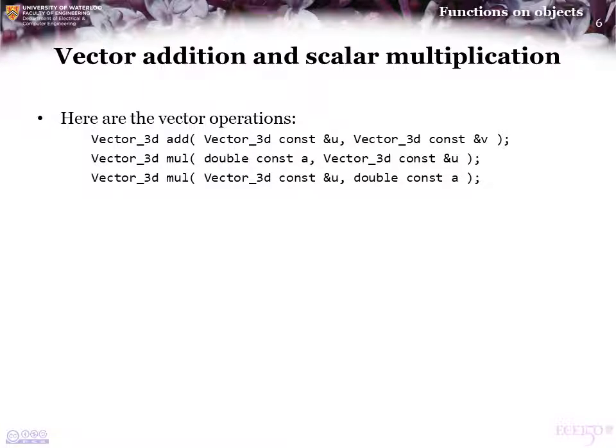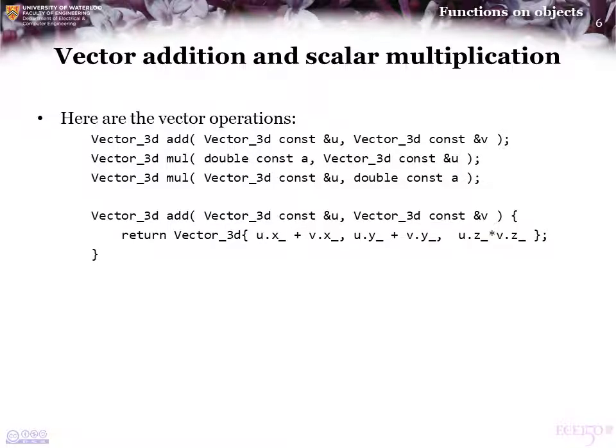Here are the vector space operations of vector addition and scalar multiplication. Once again, we don't expect these functions to change anything, and therefore all the parameters are declared const.